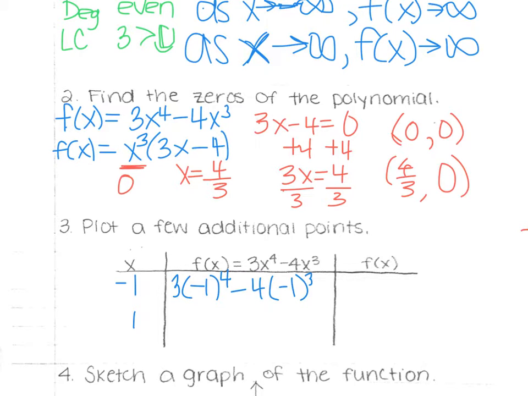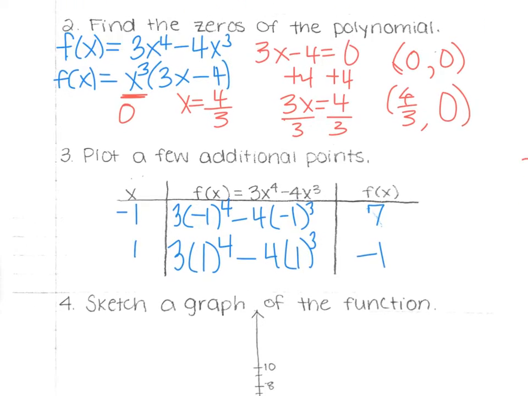So this is 3 plus 4, which is 7. If we substitute in a 1, we have 3 times 1 to the fourth power minus 4 times 1 to the third power. 1 to any power is 1, so this is 3 minus 4, which is -1. So we have a few more points: -1, 7, and 1, -1.